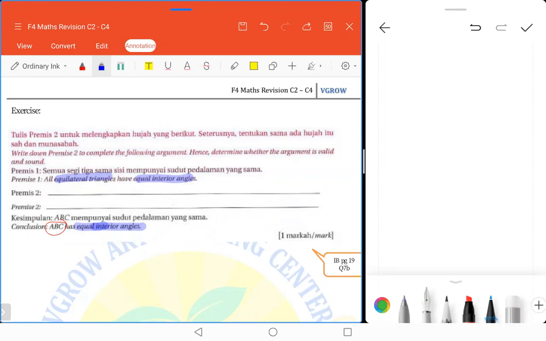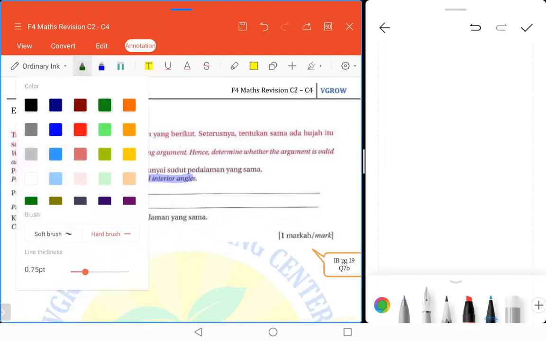Conclusion: ABC has equal interior angles. Can you send in your answer in the chat box? How do you want to relate this? Sentence Q is being repeated. Cancel it out. So what will be the answer? Exactly. Correct.